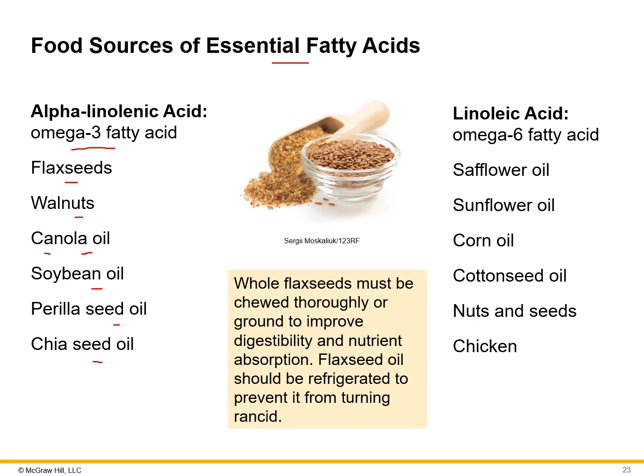Probably the one you're most familiar with may be the canola oil. So cooking with and frying with those provides that essential fatty acid. Then the linoleic acid: safflower oil, sunflower, also corn oil, probably the one you're most familiar with there. Seeds and nuts, but also chicken has that fatty acid in it as well.